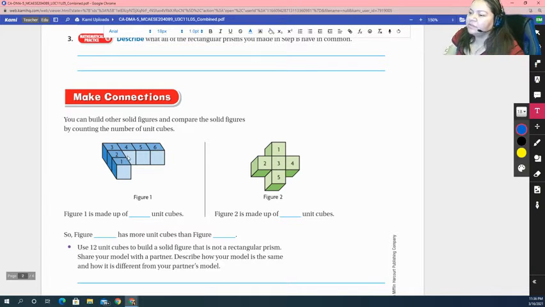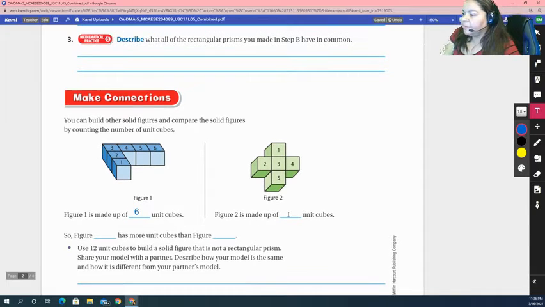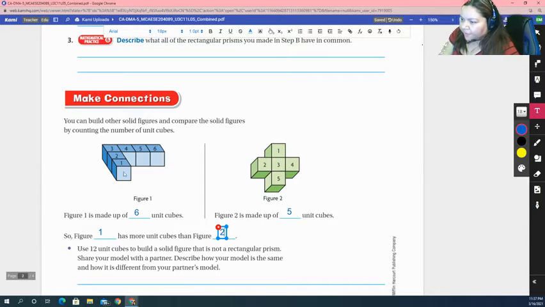So this shape is made up of 6 unit cubes. And then if we go to this one, we have 1, 2, 3, 4, 5 unit cubes. This one we said has 6 unit cubes, and this one is made up of 5 unit cubes. That means that figure 1 has more unit cubes than figure 2. That means that it holds more. Figure 1 holds more space.